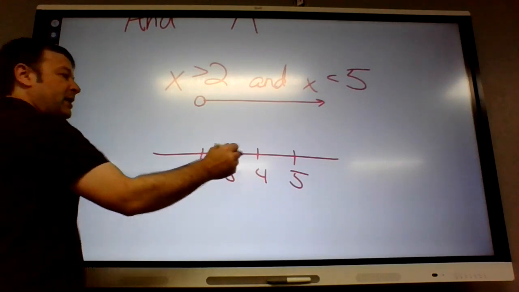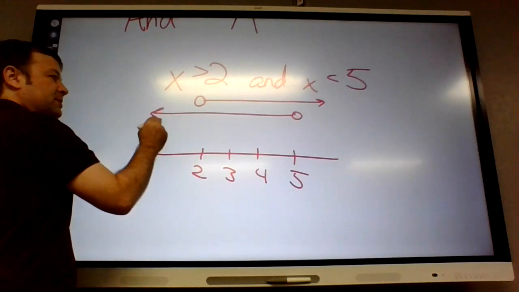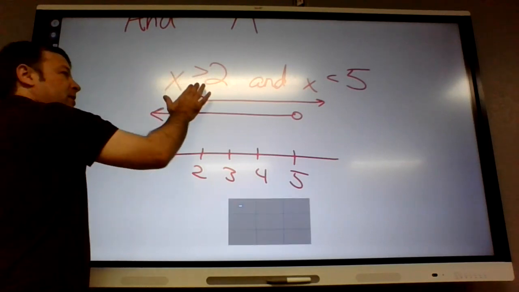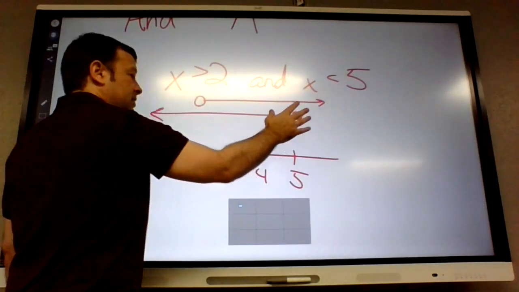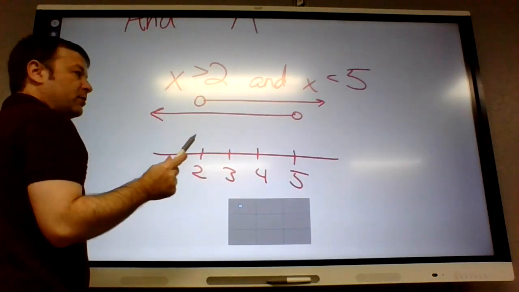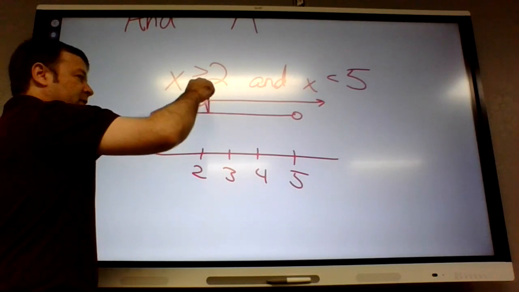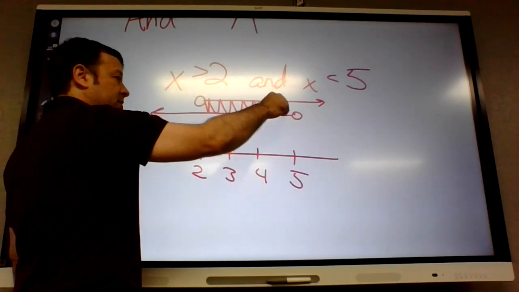Less than 5 looks like this, all these numbers. But where are they both true? What numbers are greater than 2 and less than 5? 3 and 4. Well, not just 3 and 4, although that's part of it. 2.5, 2.6, all the infinite decimals and fractions that are between 2 and 5.